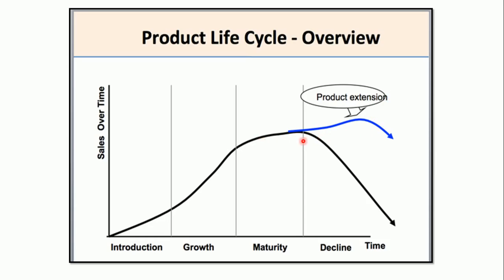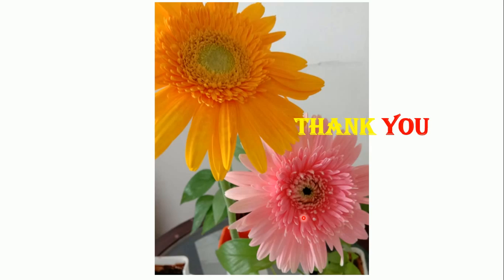So that is why the company continuously runs in the maturity stage. And this is the decision level: we can take a decision for product extension in the maturity phase. We can sustain the market and achieve market share through these product extensions. Thank you for watching this video.